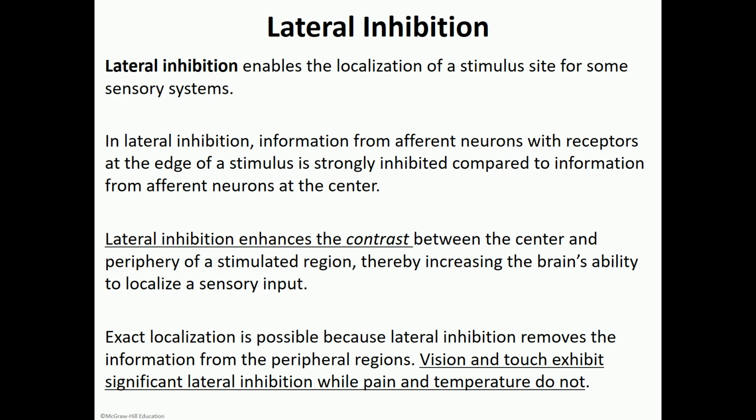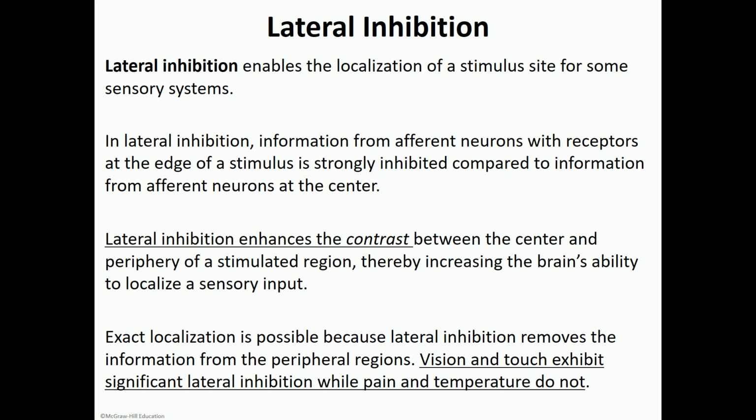So lateral inhibition helps us localize a stimulus, okay, because now that nerve B was inhibiting the impulses coming from A and C, the brain will interpret that as the painful stimulus coming from the skin area supplied by B. In lateral inhibition, information from the sensory neurons with the receptors at the edge of the stimuli, although they are being stimulated, so A and C are still being stimulated, is inhibited through that interneuron, causing that lateral inhibition.